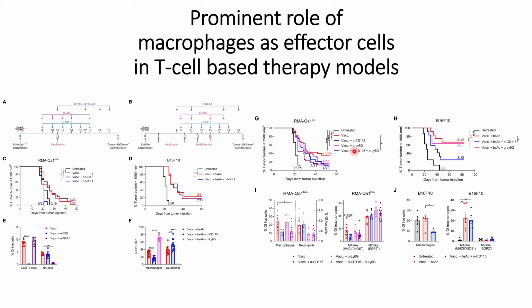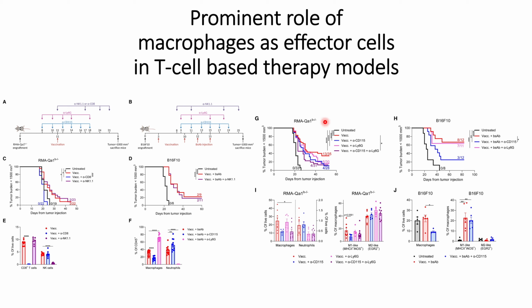However, when they used anti-Ly6G, they also see a change in the tumor burden. But when they used both combined antibodies, anti-CD115 and anti-Ly6G against neutrophils, they see different changes, as can be seen here. That is, the survival rate goes down compared to the case where individual antibodies are used.